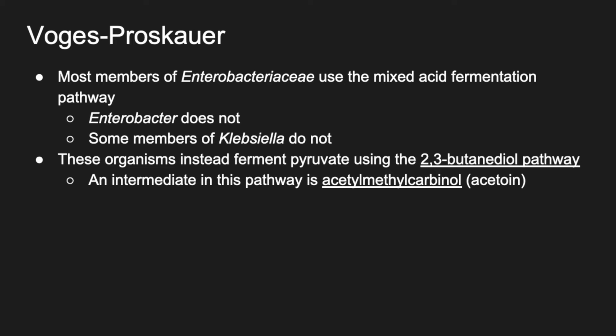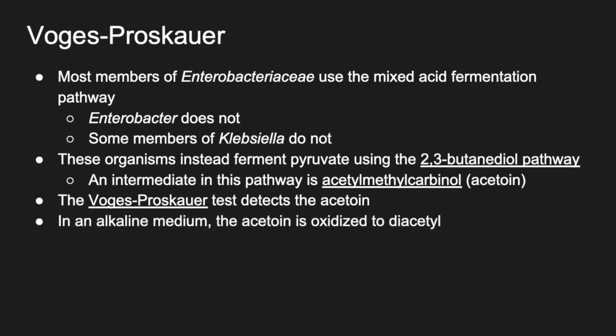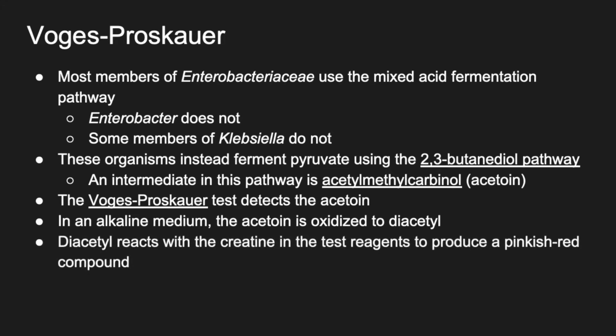Kind of a fun word, acetoin, not acetone, but acetoin. And what the Voges-Proskauer test detects is the acetoin. In an alkaline medium, the acetoin is oxidized to diacetyl, and diacetyl reacts with the creatine in the test reagents to produce a pinkish red compound.